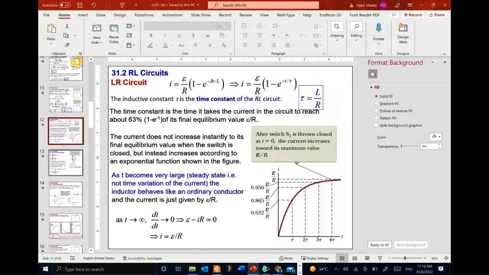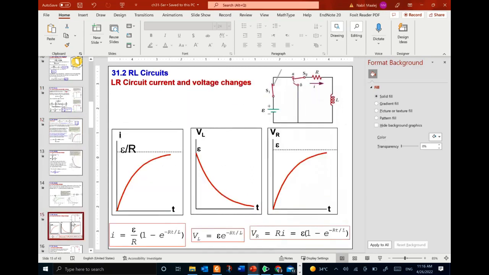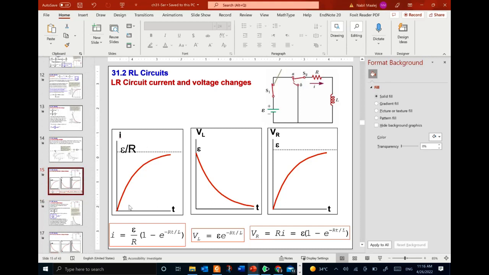This is how the current changes when you are energizing the inductor.